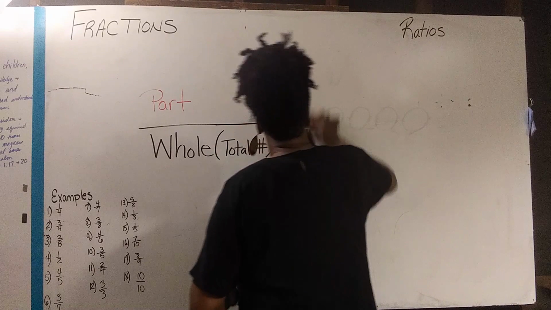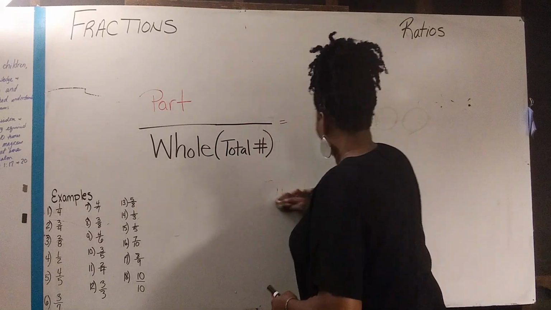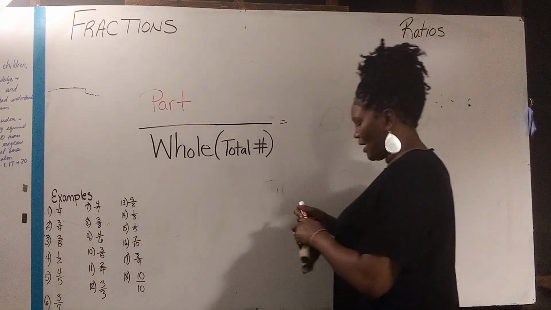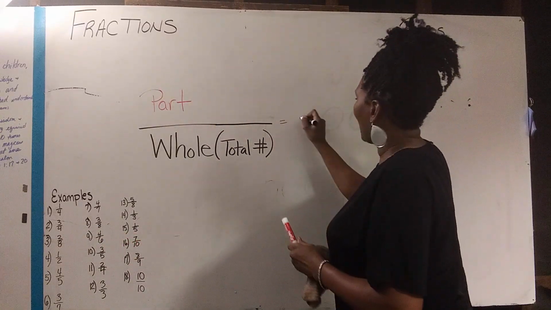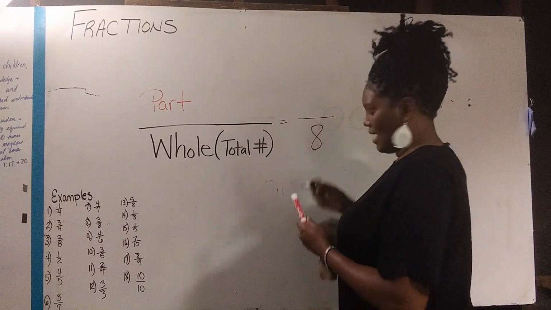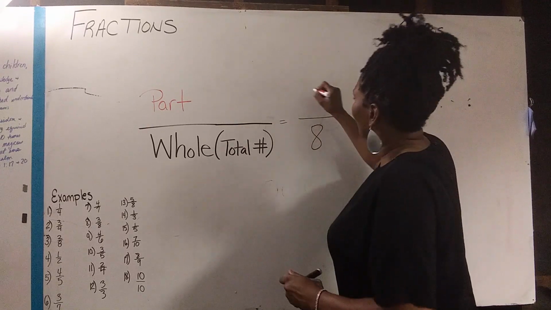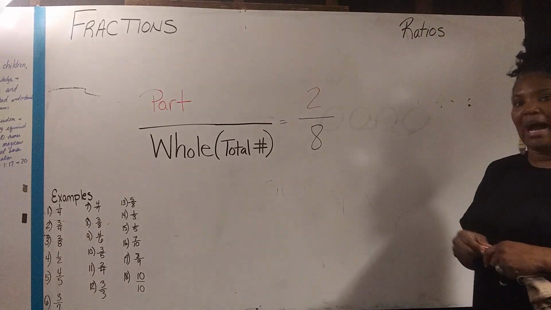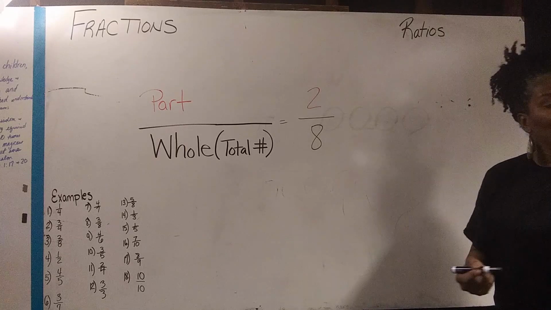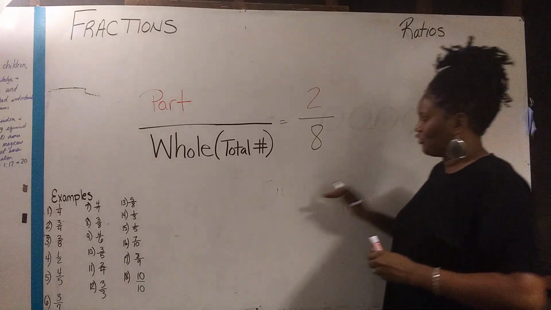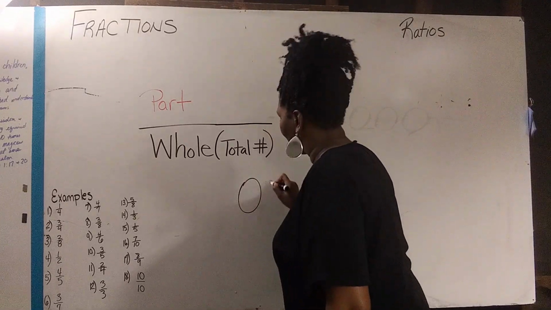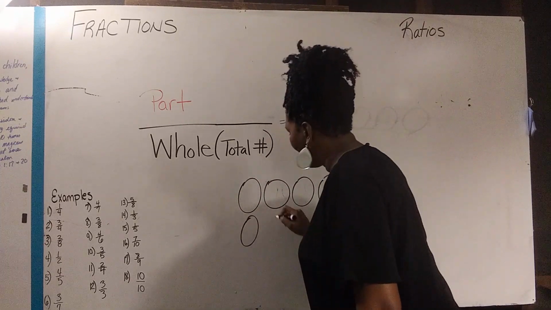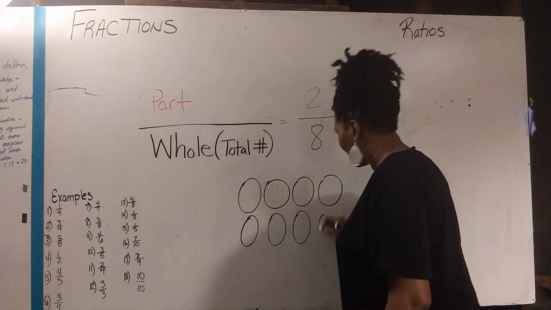The next one is 2/8. All right, so our number at the bottom is 8. Our number at the top is 2. The number at the bottom tells me how many circles or how many squares I need to draw. I need to draw how many? 8 of them. So let's draw 8. 1, 2, 3, 4, 5, 6, 7, 8.